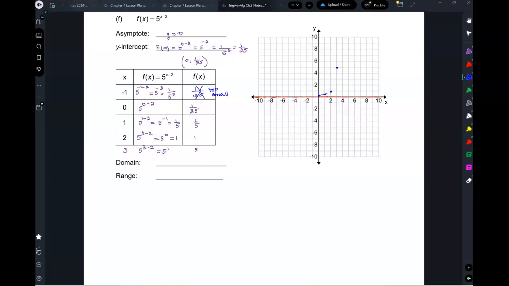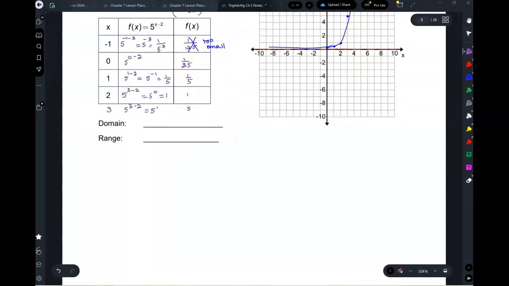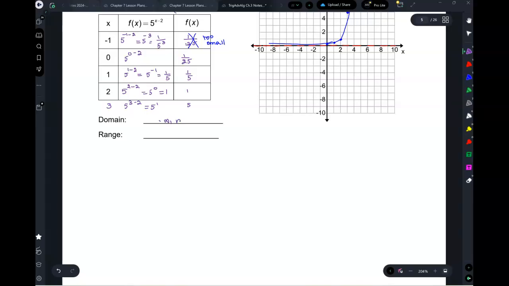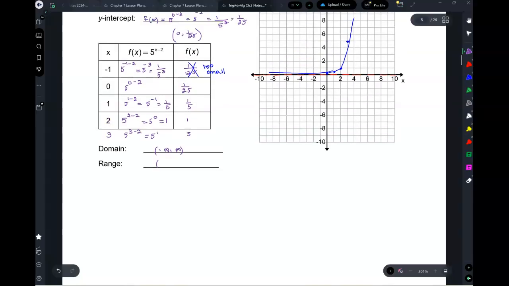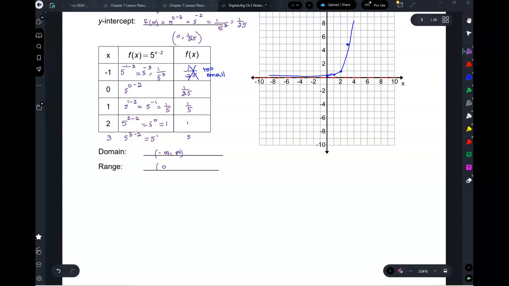So when I graph, it's going to look like this. My domain is, again, all real numbers. And the range, right? This goes from 0 up to infinity.